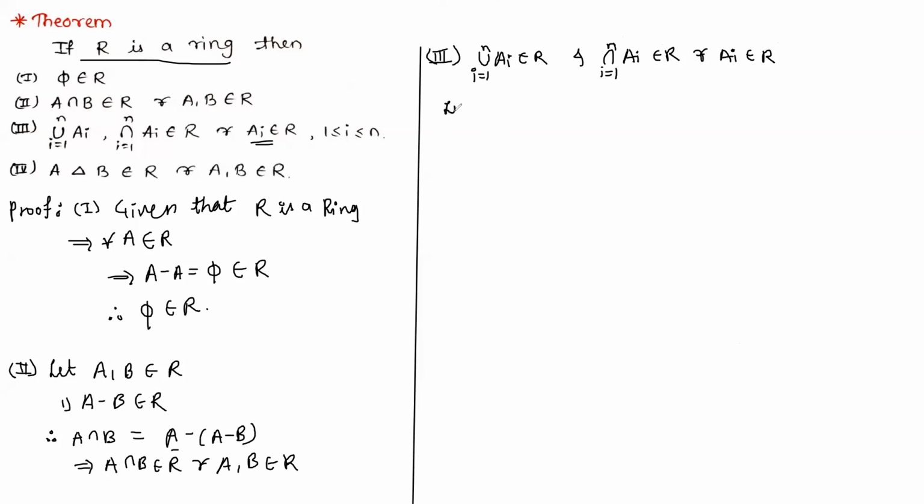So let A1 and A2 belong to R. Since R is a ring, this implies that A1 union A2 belongs to R.